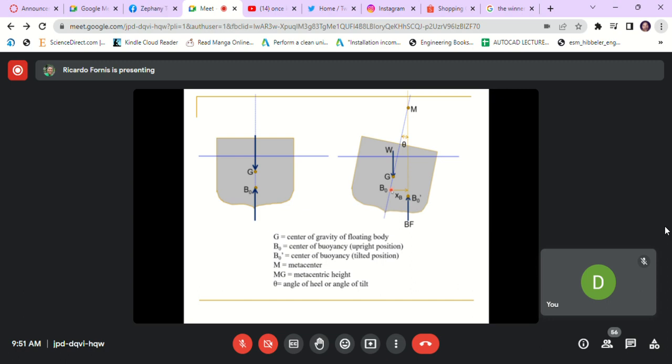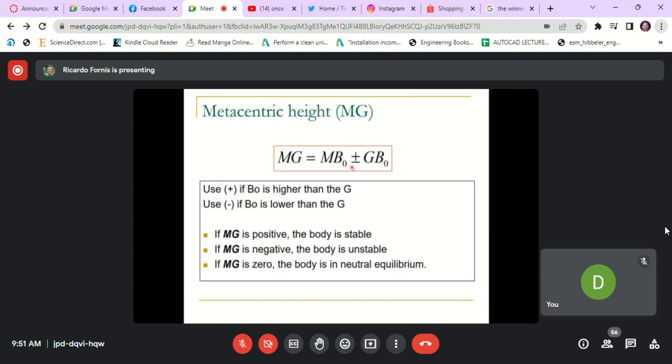Look at the mathematics: MBO minus GBO can give a negative result if the GBO is greater than the MBO. And if that's the case, the body is unstable. Okay?